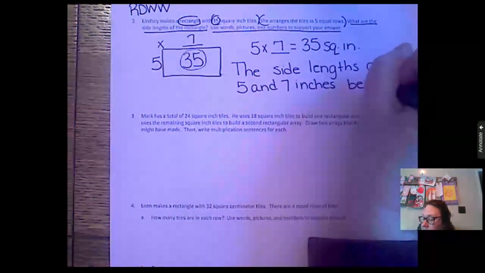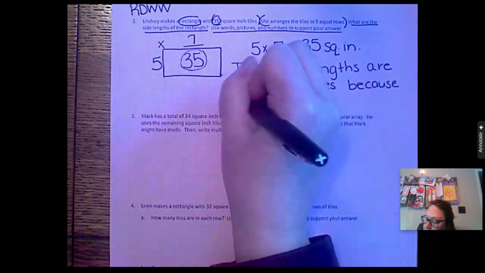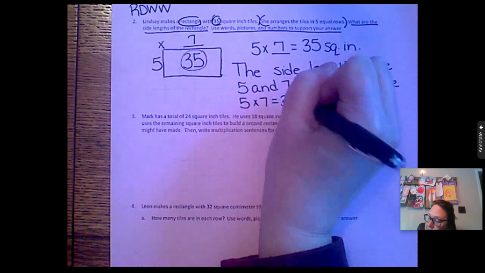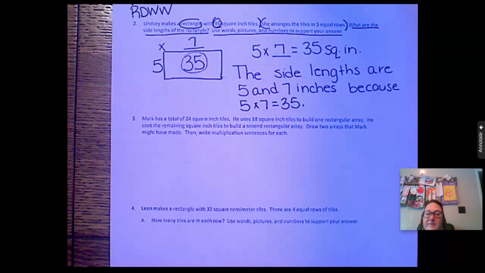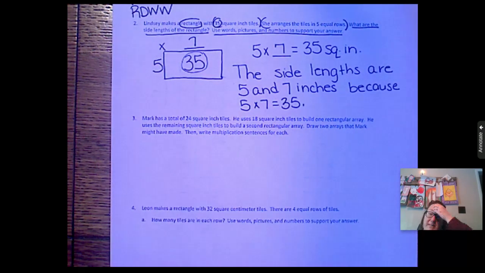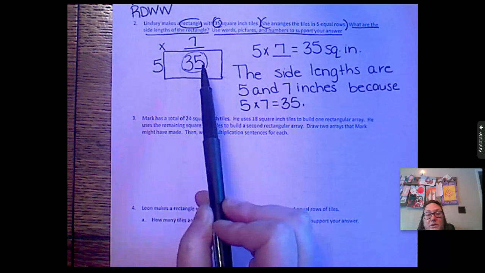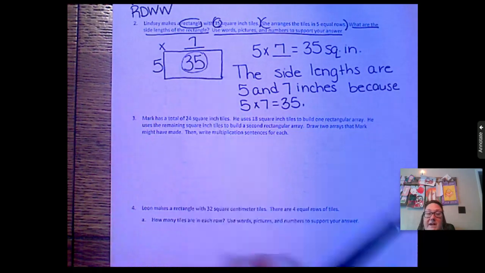Because 5 times 7 equals 35, period. Okay, so the side lengths are 5 and 7 inches because 5 times 7 equals 35. So we use a missing number to help us to solve that. We knew one side, we knew the total, so we were multiplying to find that missing side length.